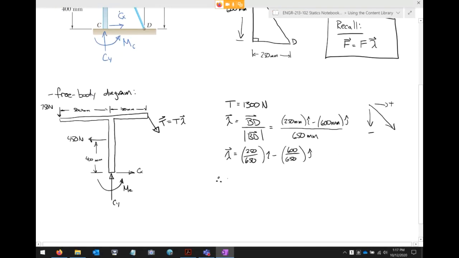And therefore, our tension vector is going to be all of this times our magnitude. And our magnitude is 1300. So we're going to have 1300 newtons times 250 over 650 i minus 600 over 650 j.